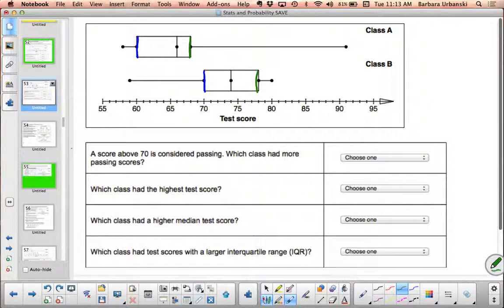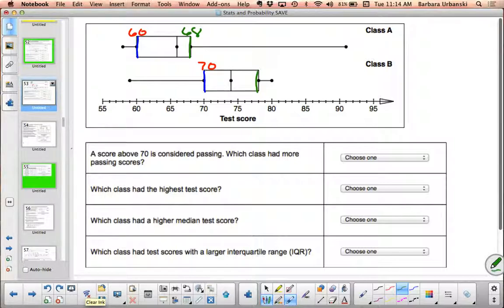Well, for Class A, the lowest value appears to be a 60. The lowest value for Class B appears to be a 70. And then if we look at the highest score, it appears for Class A it's about 65, 66, 67, let's say about 68.